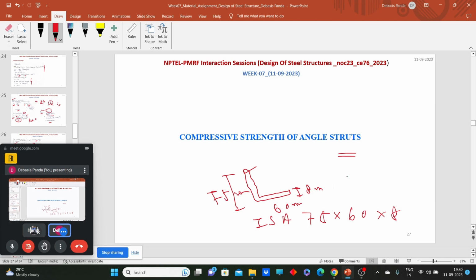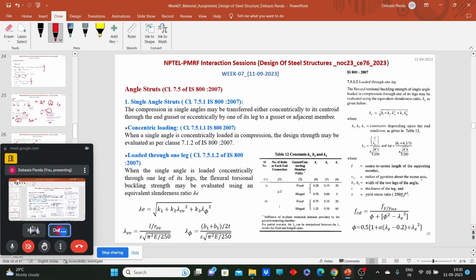Here we will use the angle as a compression member also, as a single angle as well as a double angle section. First we will learn how to calculate the design strength of a single angle section. If the load is concentric, then we will directly calculate the design strength using the same formula we just went through.